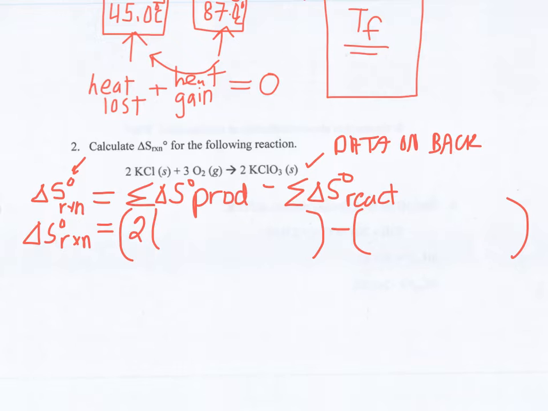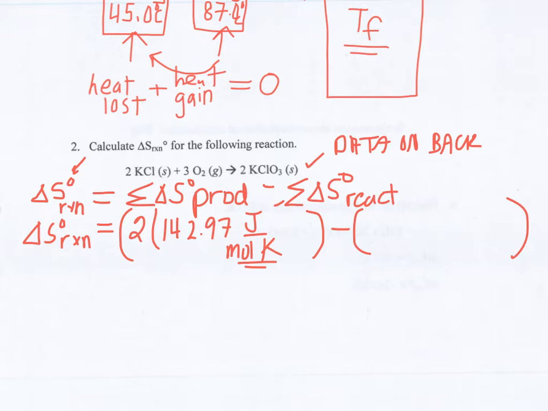We will look up the value for the entropy of potassium chlorate. That comes out to be 142.97 joules per mole Kelvin. Remember, the units for entropy are joules per mole per Kelvin, so you've always got to check and make sure your units are consistent.